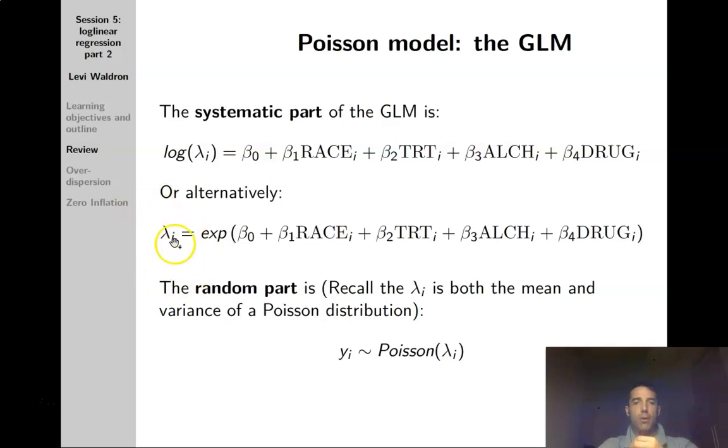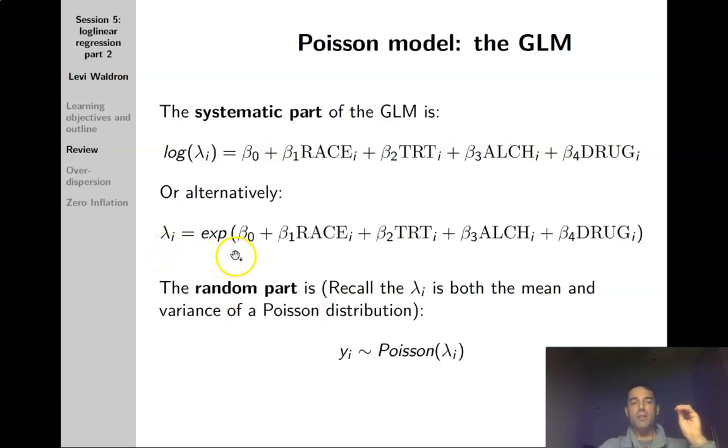Or just taking the exponent of both sides, the parameter of the Poisson distribution is equal to the exponent of the linear predictor. And so when I said that the conditional distribution of the outcome is Poisson distributed, that means that for one fixed value of all these variables, we have a Poisson distribution with a fixed mean.